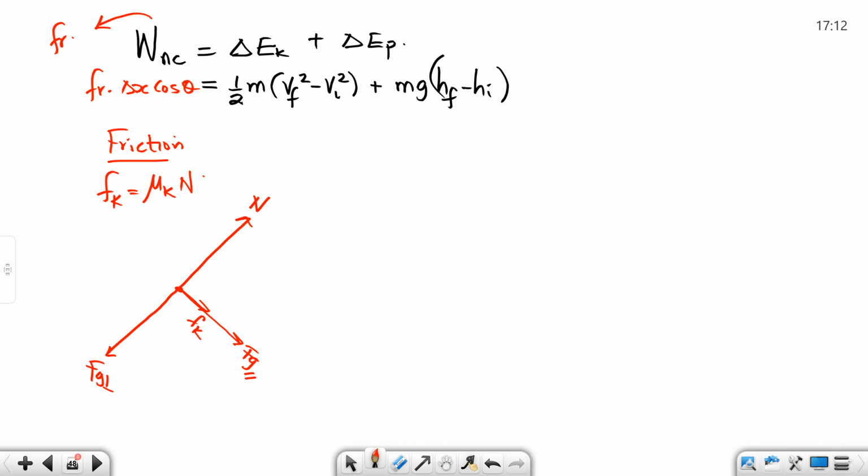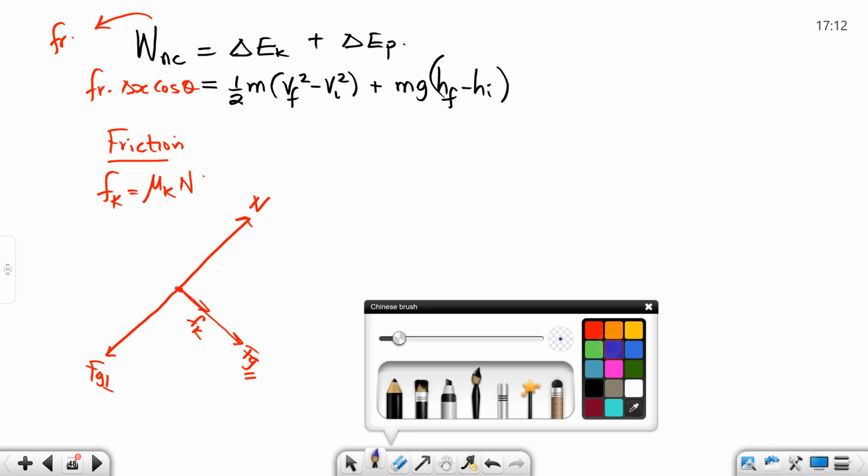I don't know if we are all okay with this free body diagram. Are we okay with this free body diagram? You kind of look lost. You sure? What is the formula for mg parallel?